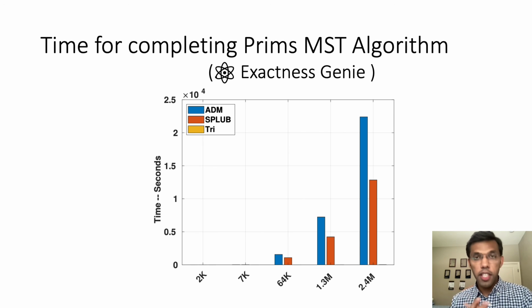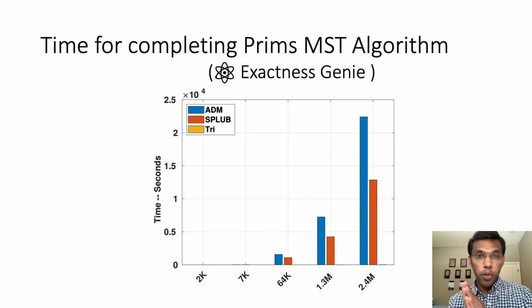Now it's time to take a look at the time for completing the MST. The results for other algorithms are given in the paper. On the y-axis, you have the time taken for completing these algorithms. On the x-axis, you have the number of edges in the given graph settings. This is for the S datasets. The blue is ADM, the red is SPLUB, and the yellow is tri-scheme.